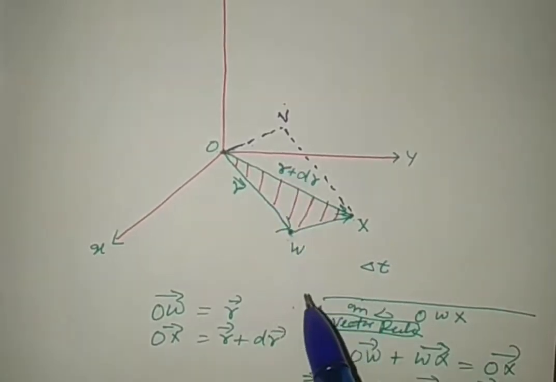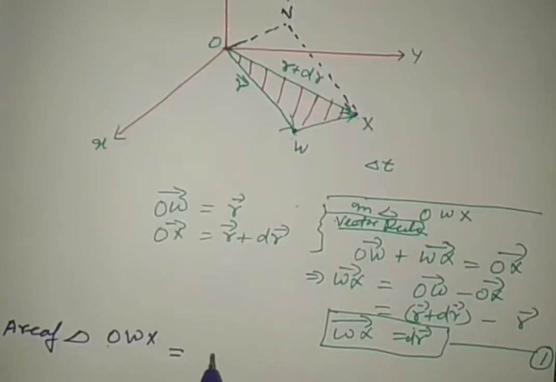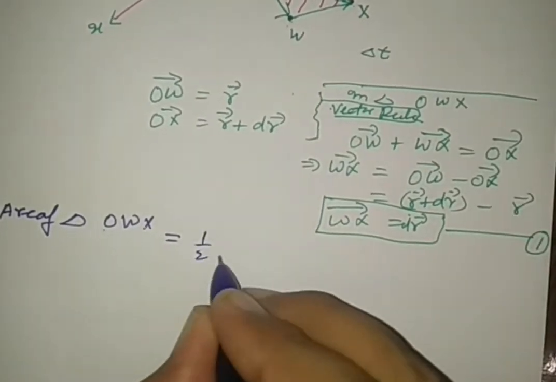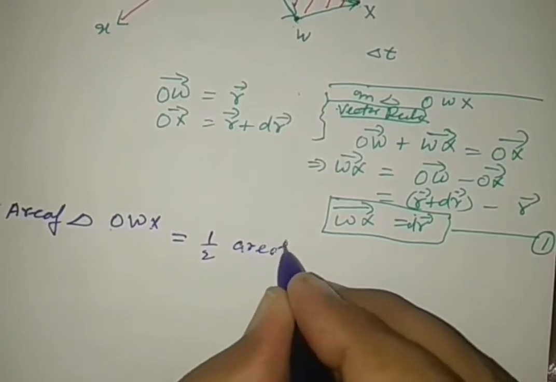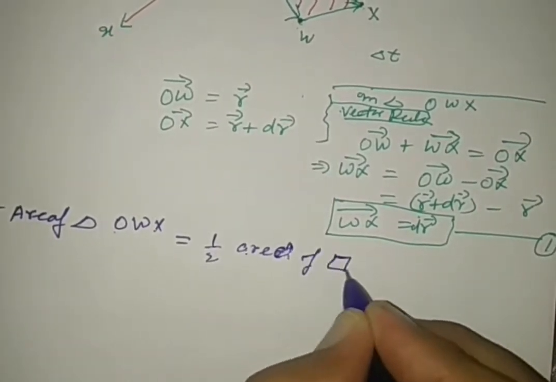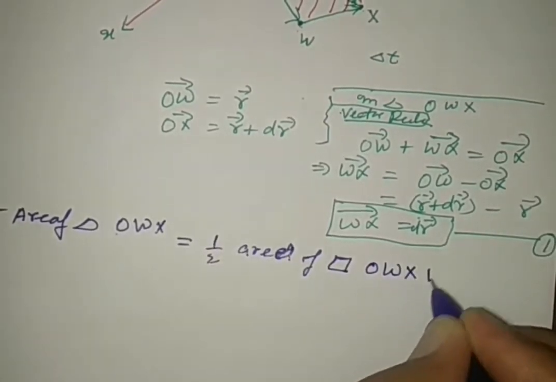Two congruent triangles are here. So we may say that the area of triangle OWX is half of the area of parallelogram OWXV.